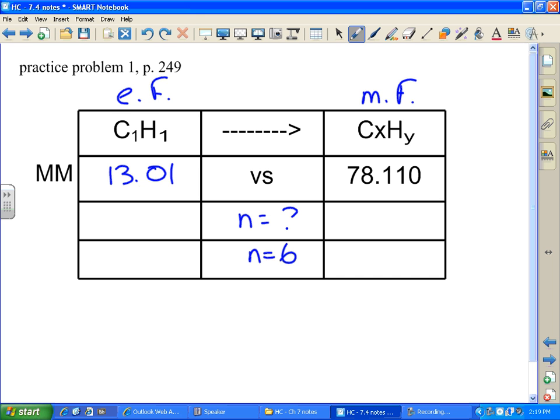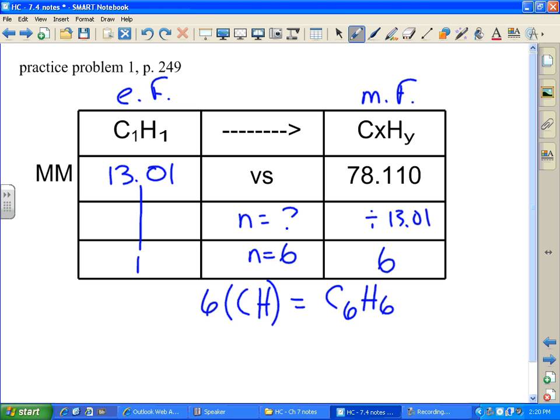Dividing the smallest by itself gives us 1. Dividing the other by the smallest gives us 6. Therefore, our molecular formula is 6 times the empirical, so C6H6. And that concludes the tutorial on molecular formulas.